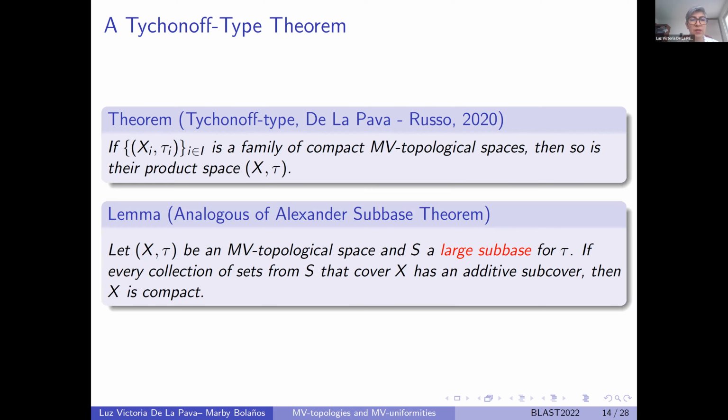If you have a family of compact MV topological spaces, then the product is compact too. And the proof strongly uses this lemma, which is analogous to Alexander's subbase theorem. Of course, it is equivalent to the axiom of choice.